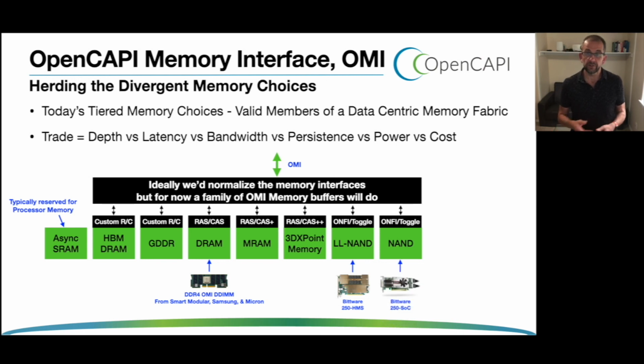And Bittware's 250 SoC is also giving us access on the OpenCAPI bus to NAND via NVMe storage. So we've covered a good few of the bases here. And with the emerging memory that's coming out, there is an opportunity for these companies to support OMI natively on their devices, which will be a nice change moving forward.